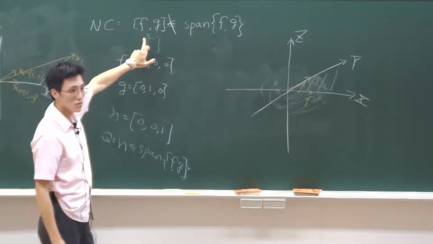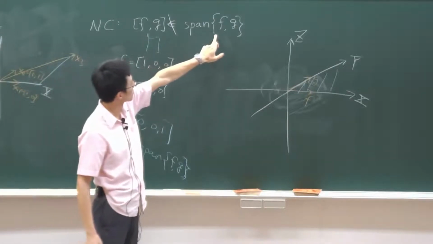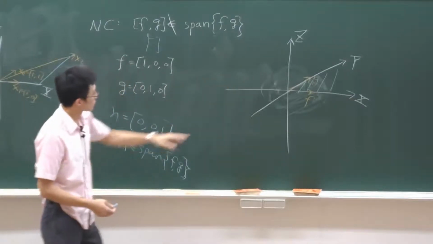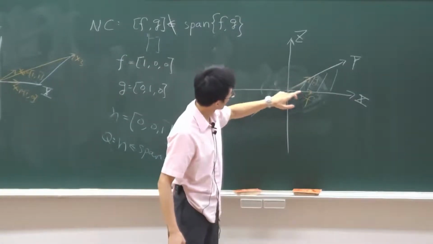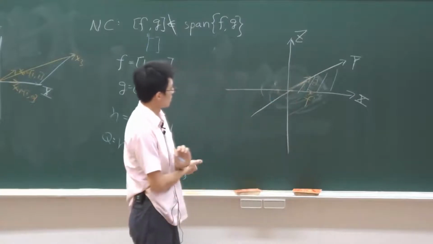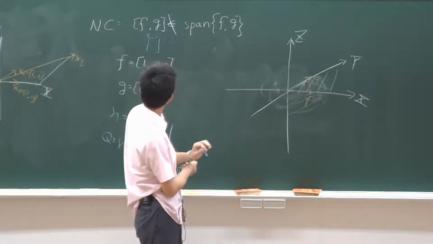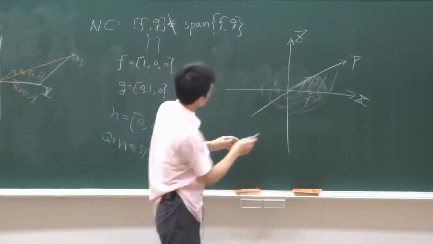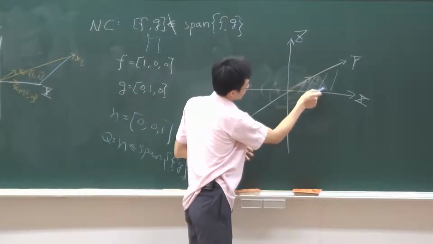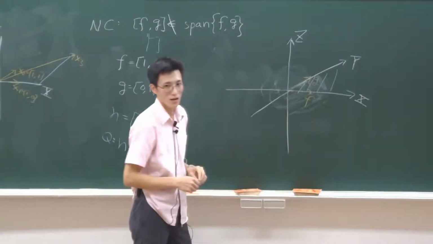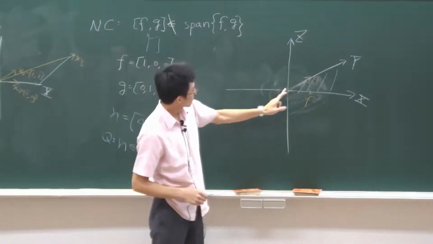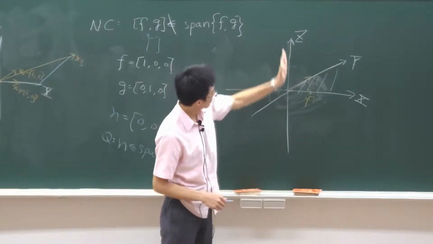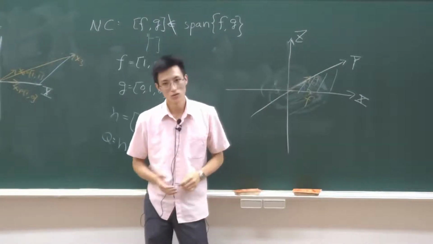This column vector can belong to the space of the combination of F and G. Because if F is here, G is here, and the Lie bracket is still in this 2D plane, then any state with Z components is not controllable, right?